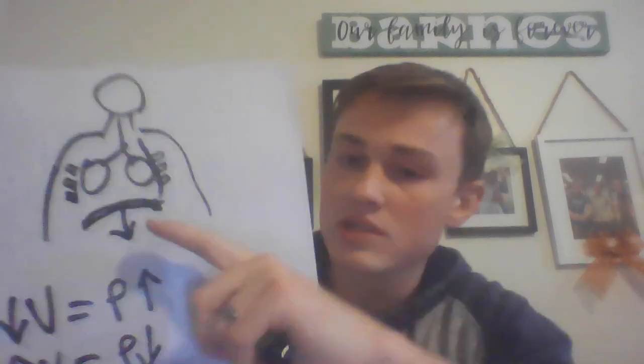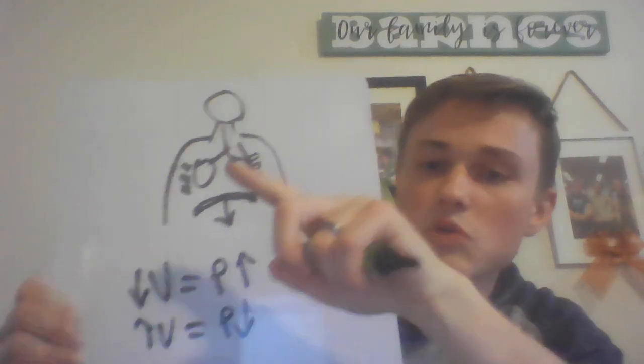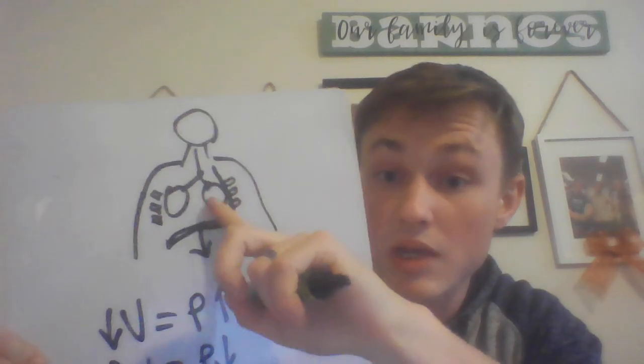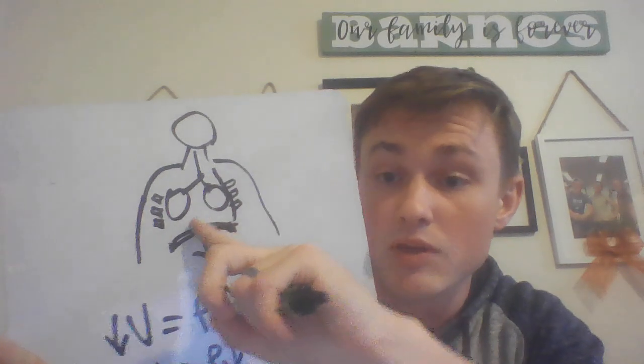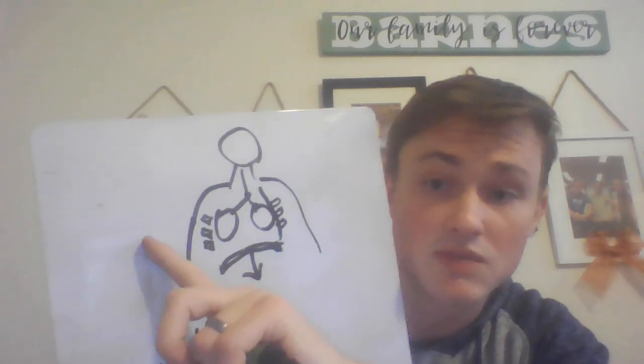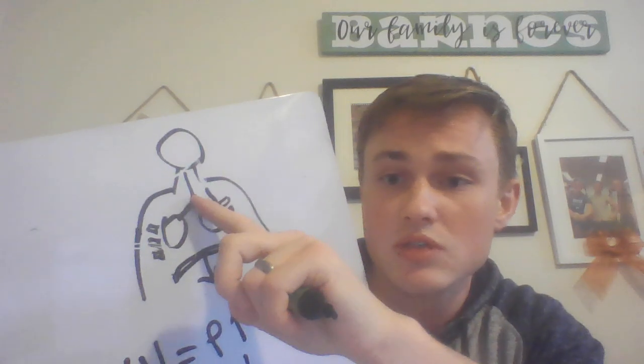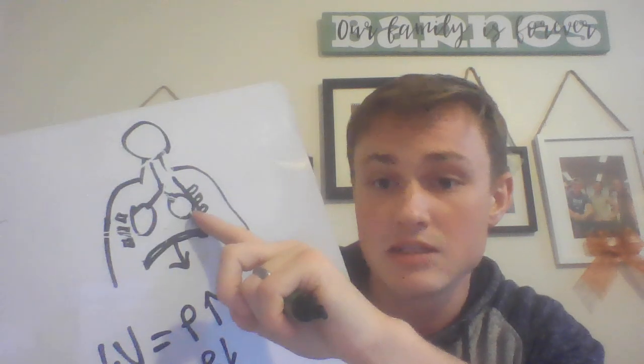If volume goes up, then pressure goes down. And so if we're increasing the volume, we have a lower amount of pressure. It becomes more negative inside of here when compared to outside in the atmosphere. Because we have that difference in pressure, we have a gradient. So that air will come in through our nose and down into our bronchi and then into our lungs. That's like the very basics.